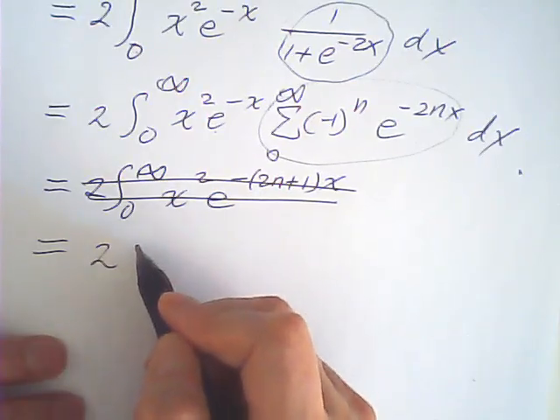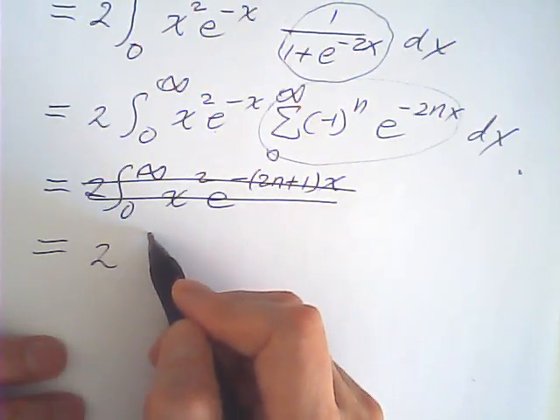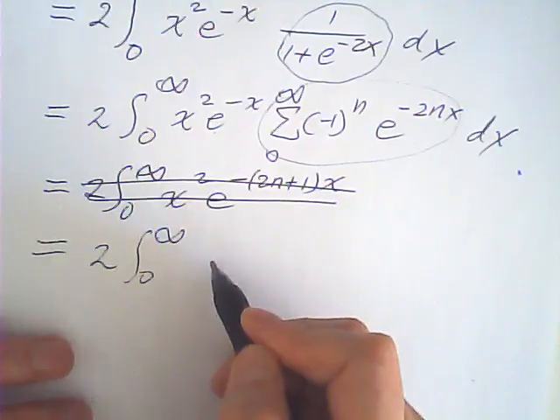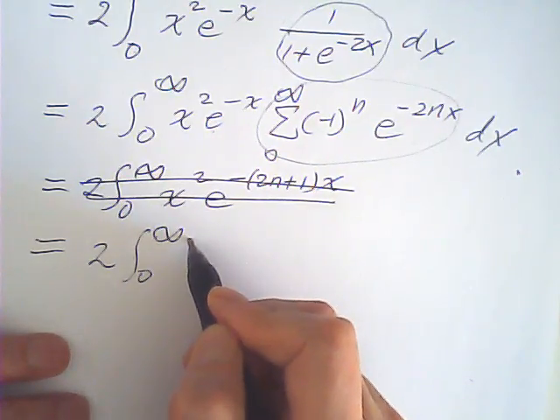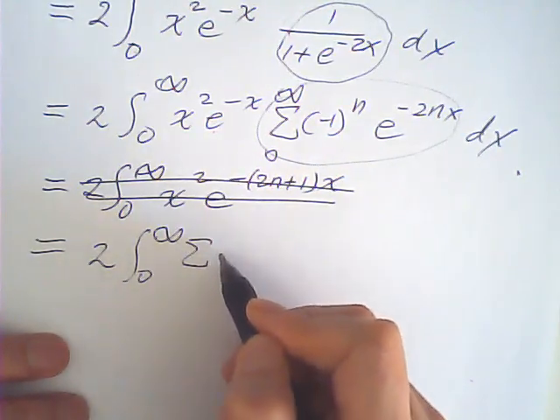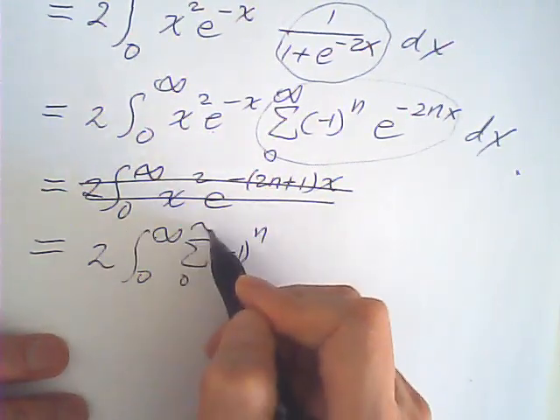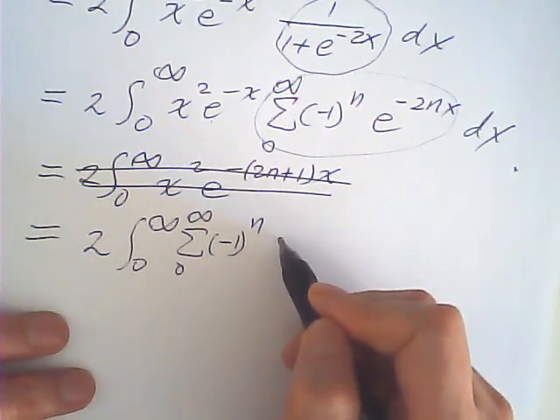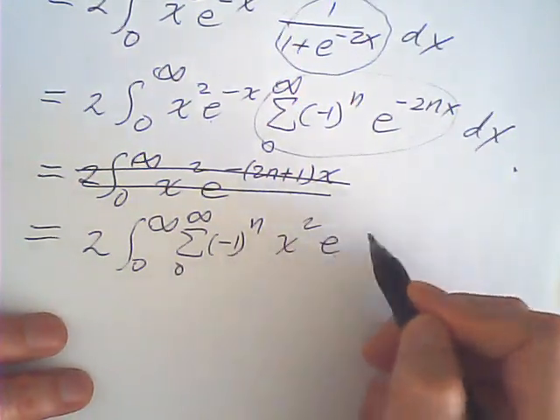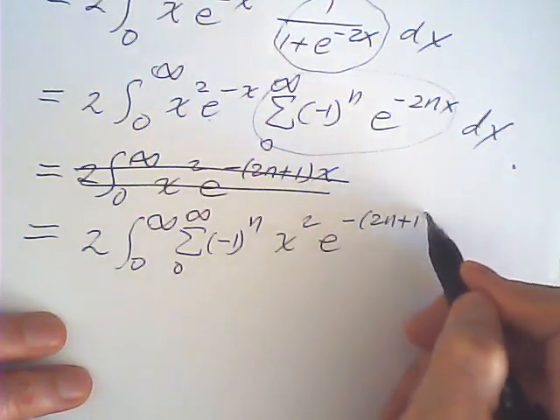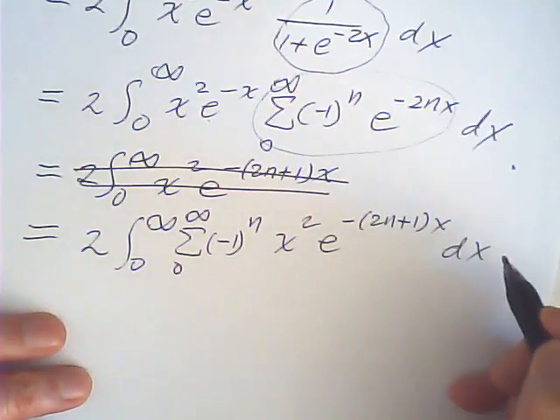So 2 times the integral of the sum of negative 1 to the n and x squared e to the negative 2n plus 1 x dx.